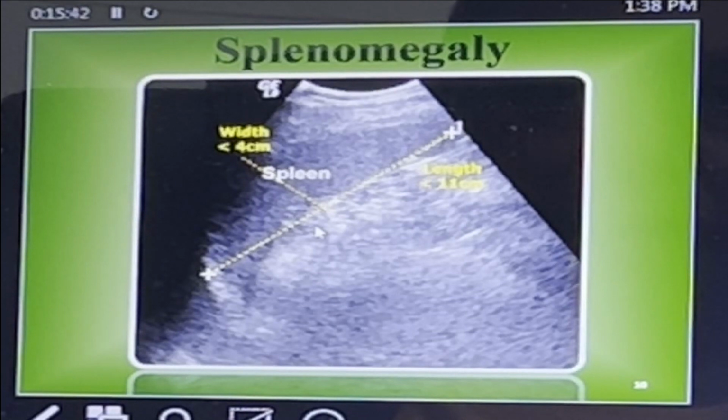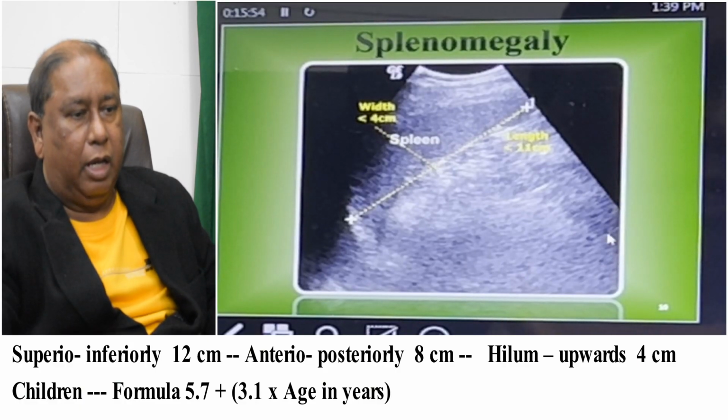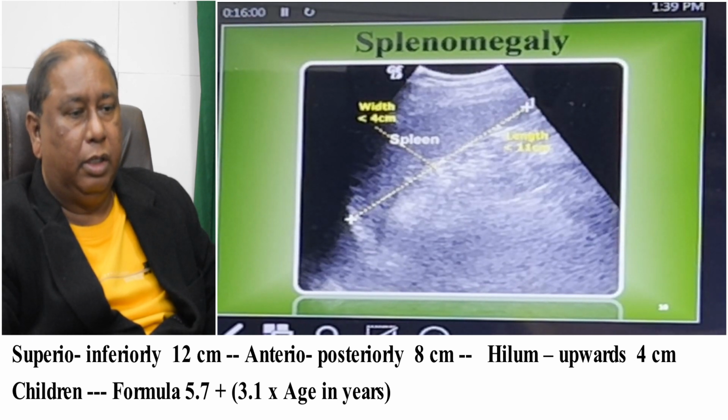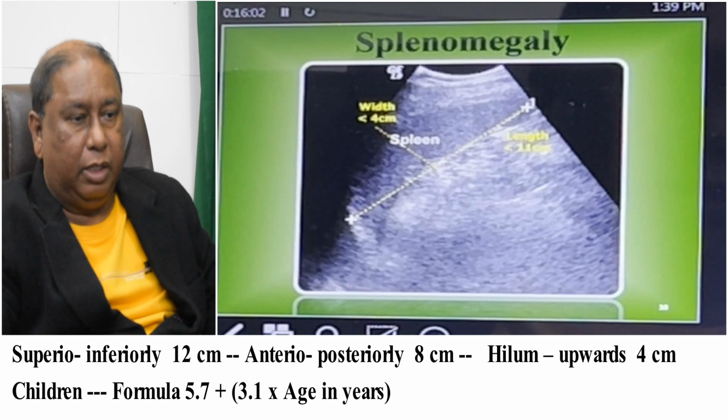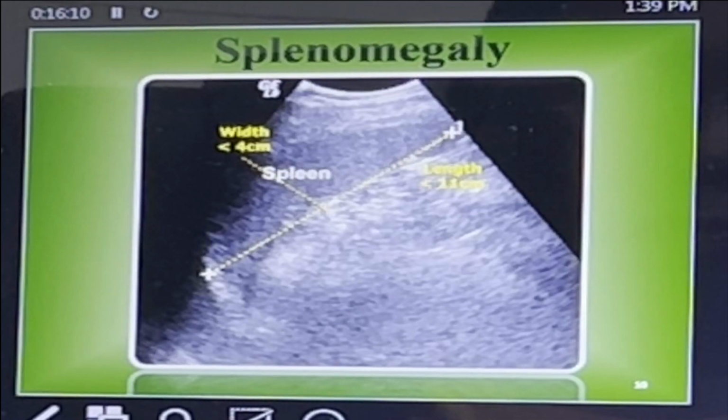Anteroposteriorly, it would be around 8 centimeter, and hilum upward is 4 centimeter. The children's formula is 5.7 into (3.1 into age in years). By this formula, you can calculate the spleen volume.